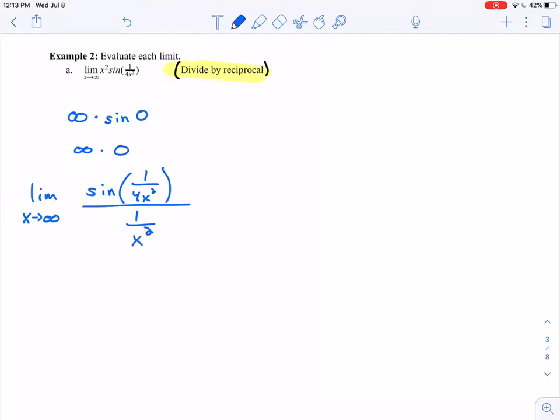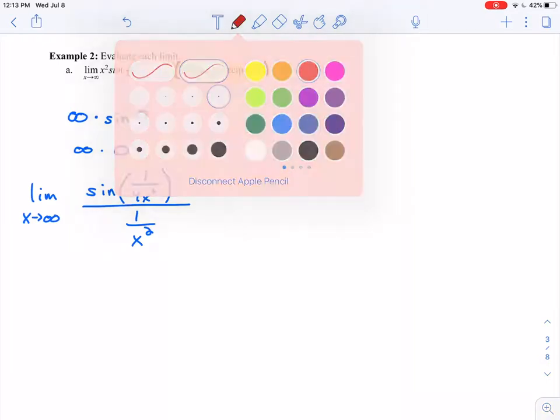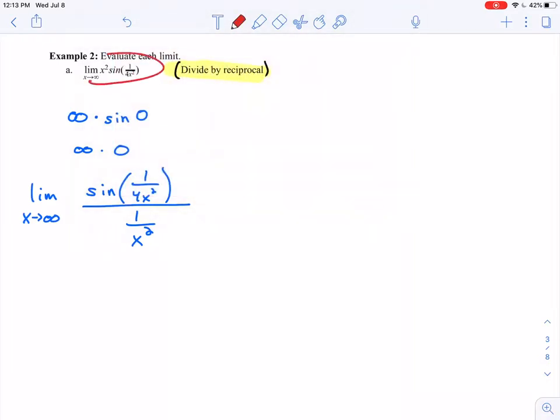So I'm rewriting this in a very particular way. If you don't see how these two are equal, take a moment and think: if we multiply both sides by x squared, I would have exactly what we started with.